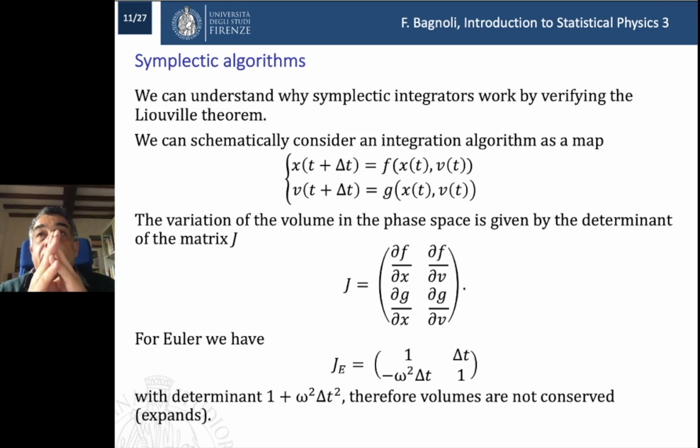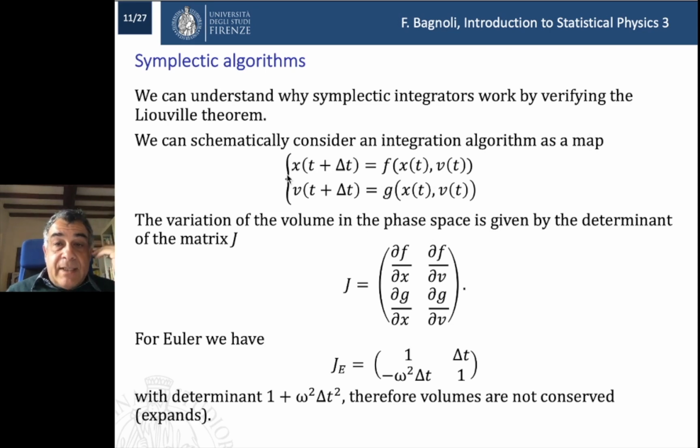I mean, computing the evolution of a bunch of initial conditions. So now I have a certain algorithmic scheme that essentially can be seen as a discrete time evolution, and in mathematical terms it is called a map.